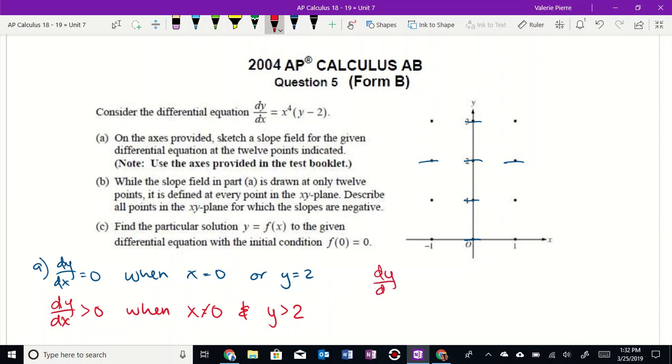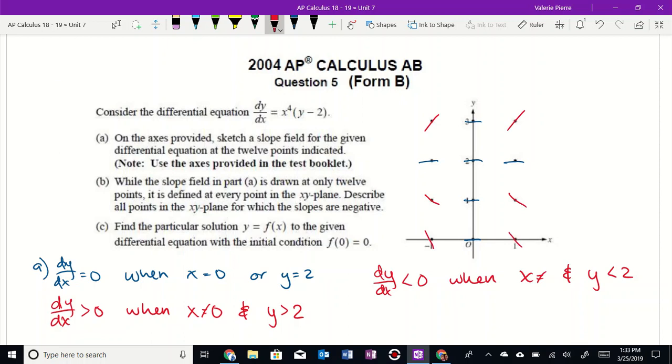And dy/dx is going to be negative when x does not equal 0 and y is less than 2. Okay, so basically above here we have positive slopes, below here we end up with negative slopes.